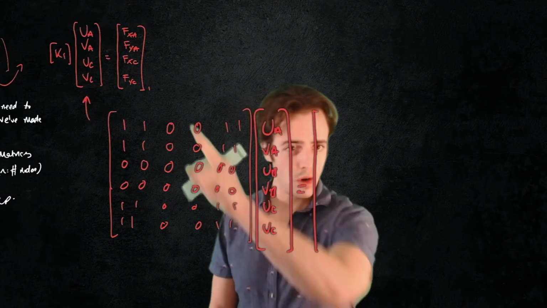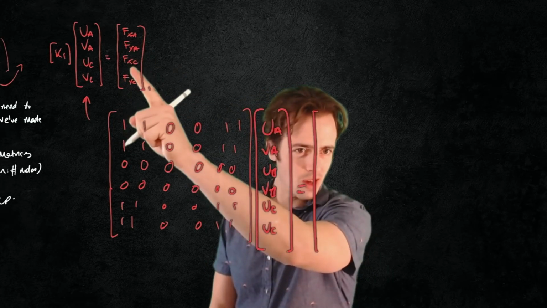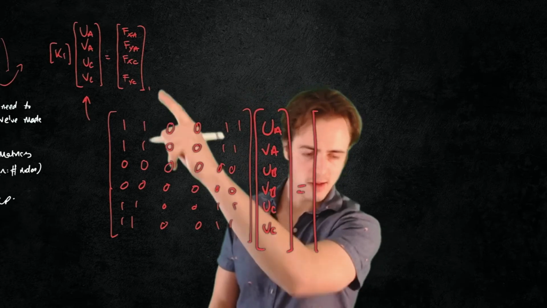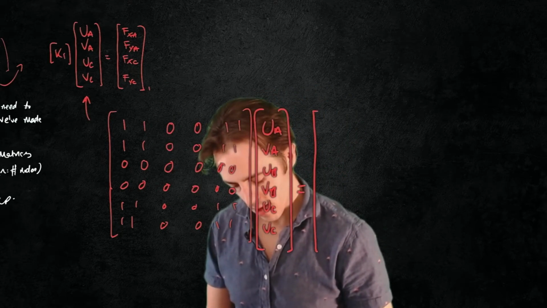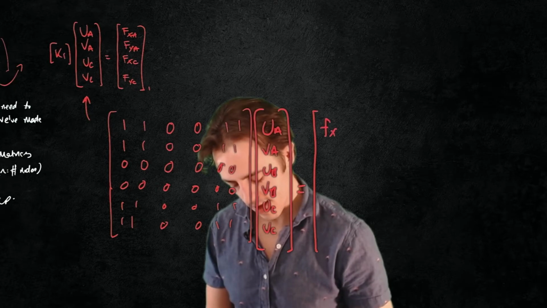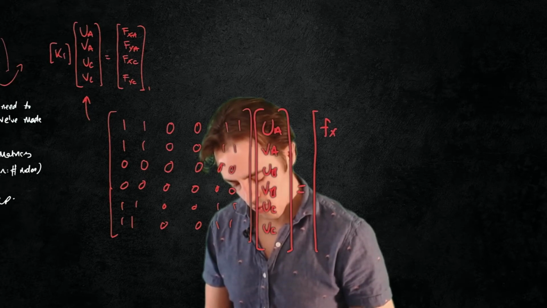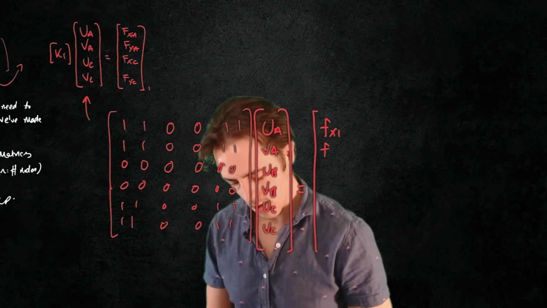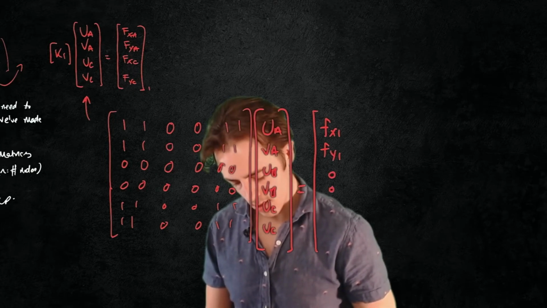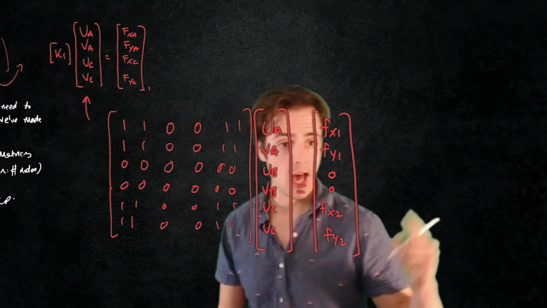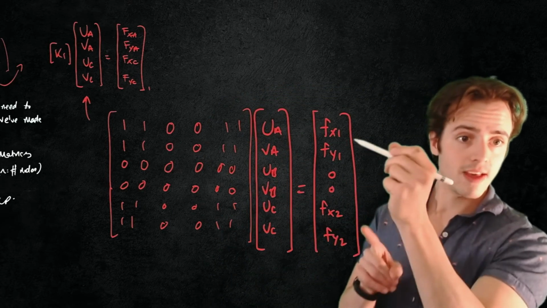In fact, the way that I wrote these forces here is not really a suitable way to write these. What I should have written is lowercase fx1, fy1. So these are the forces in the x and the y directions, which are the global directions, on this element only.